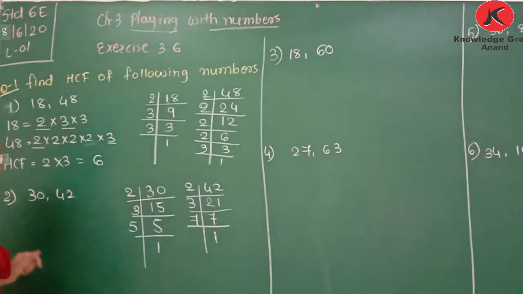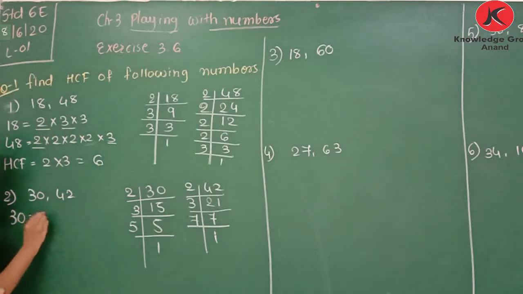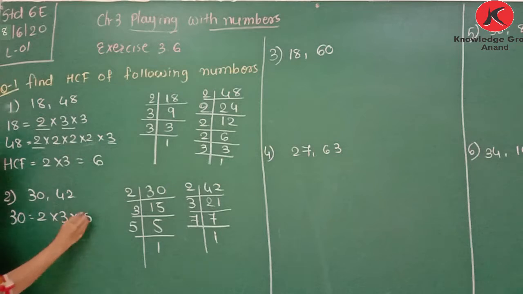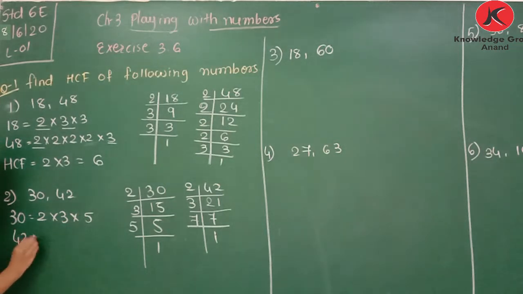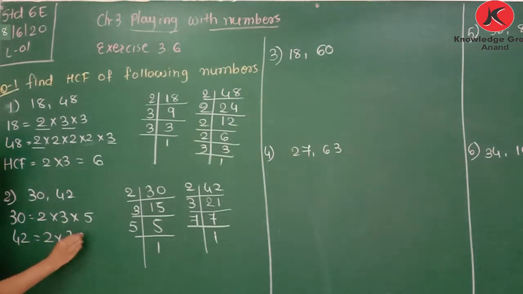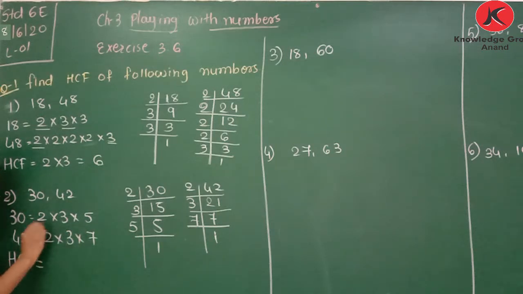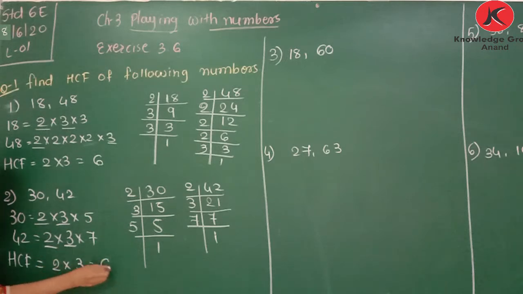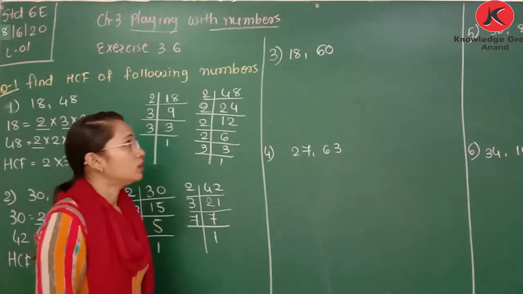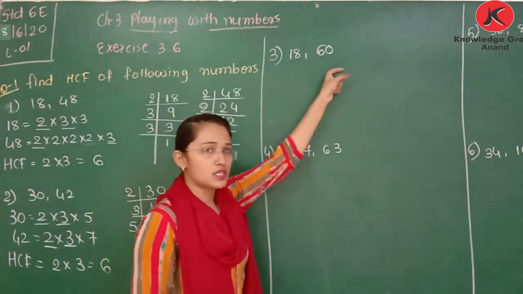So factor of 30, that is 2 multiply 3 multiply 5, and factor of 42, that is 2 multiply 3 multiply 7. HCF, highest common factor, 2 and 3. So that is 6. So what will be HCF of 30 and 42? That is 6. Now third, 18 and 60.